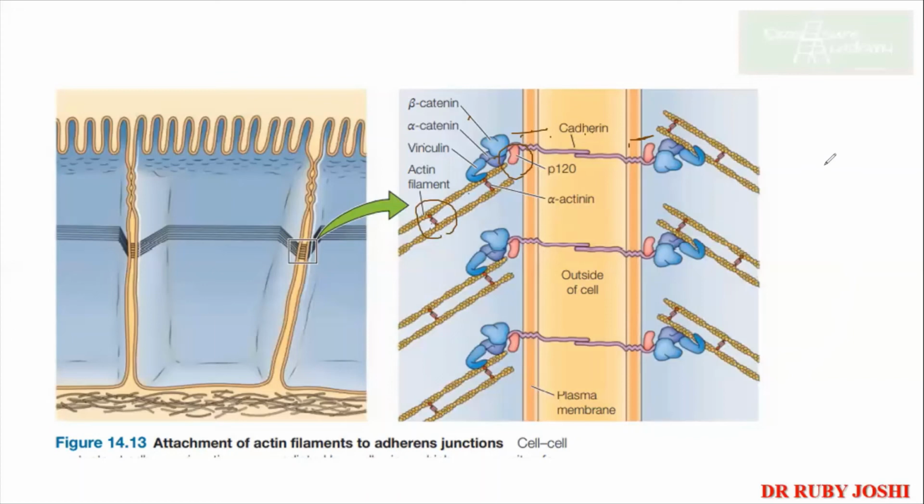So वहां पे था हमारे पास talin and vinculin between the actin filament and the integrins. Here we have P120, alpha beta catenin and vinculin, which is making connections with the actin filaments. Okay. I know it's a lot to remember, but it is also important to remember.